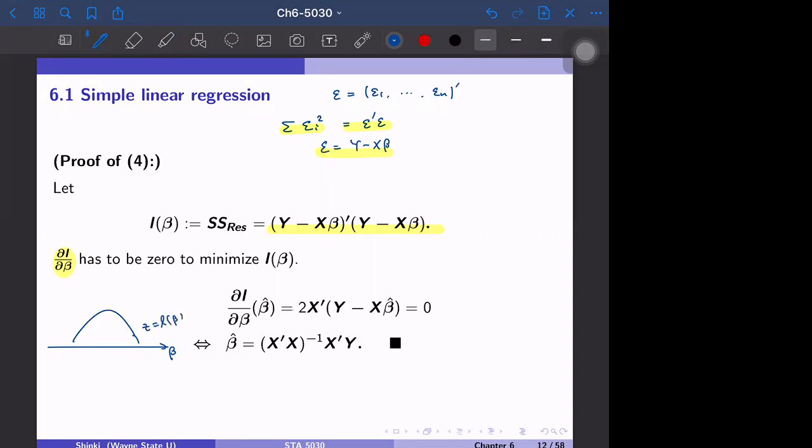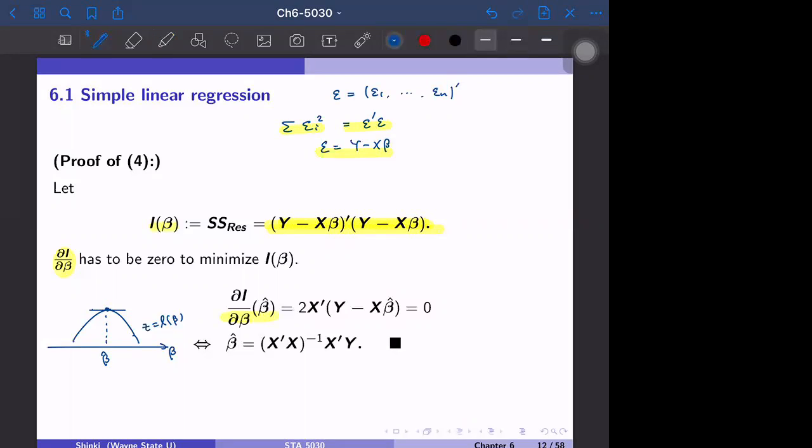At the optimizer, beta hat, the derivative should be 0, so taking the derivative with respect to beta is a natural idea. The derivative of L of beta is pretty simple, because this function is a quadratic function of beta.